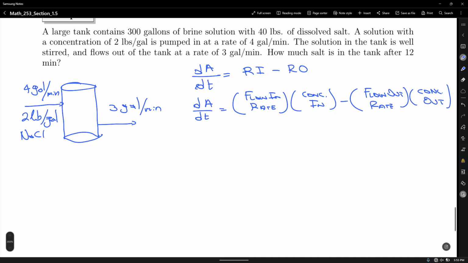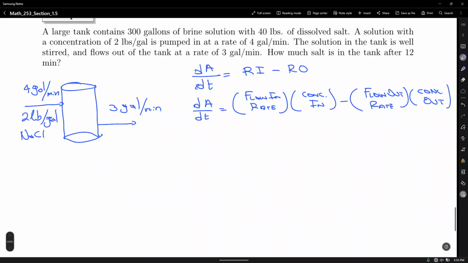Okay. So the problem we did a couple sections ago had a concentration in equal to 0 because we only had water coming in, right? We didn't have any salt coming in. We were actually dissolving salt already in a container, with water coming in at a given rate and getting out of the tank at exactly the same rate.